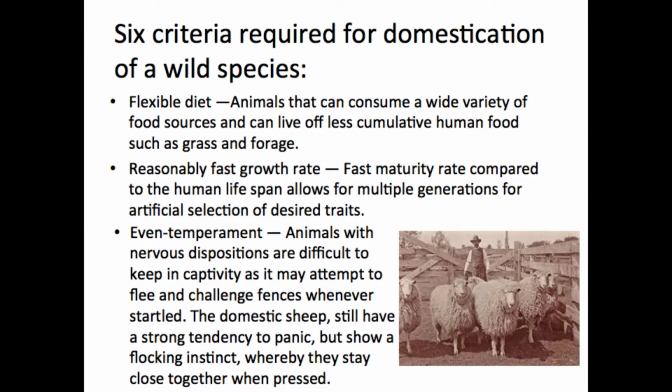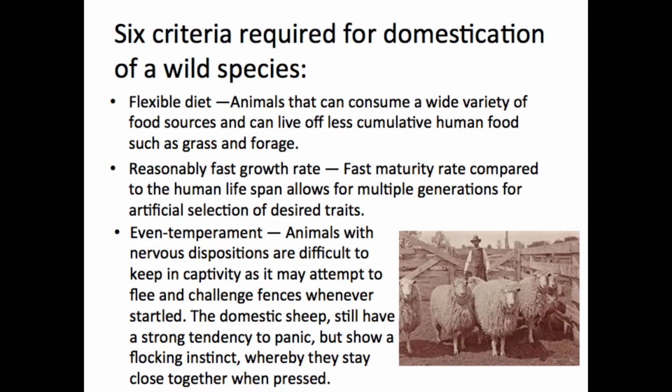We're raising these animals for meat. We need an animal to get up to size where it's worth our while to raise it and slaughter and eat it. We also need it to mature very quickly. So remember, domestication is a process of artificial selection where we select for characteristics we want the animal to have.